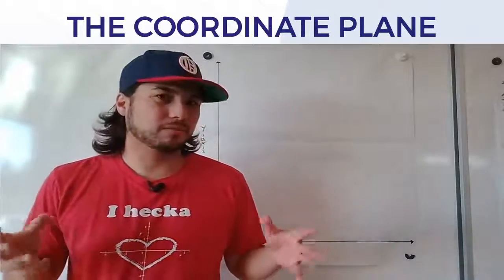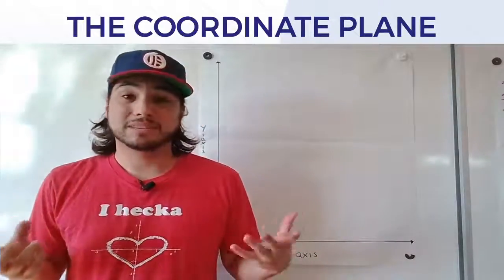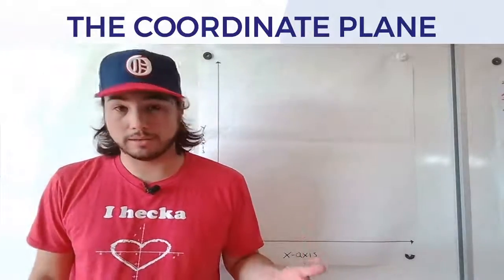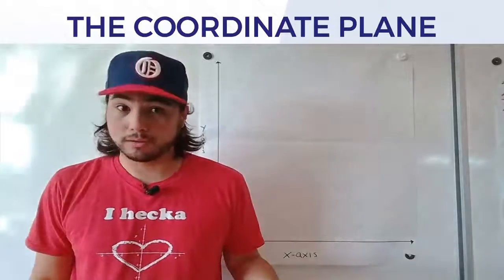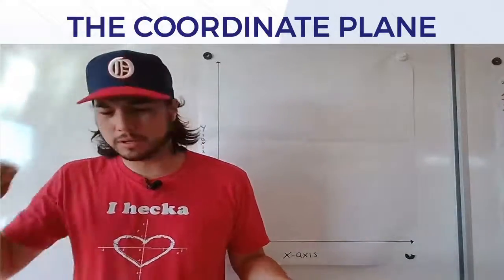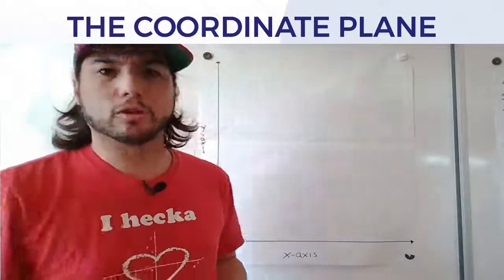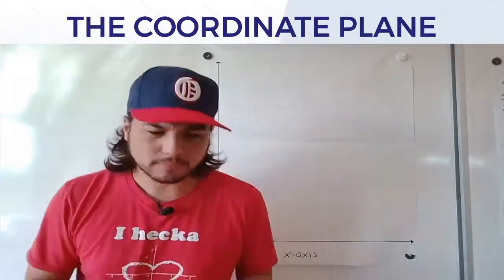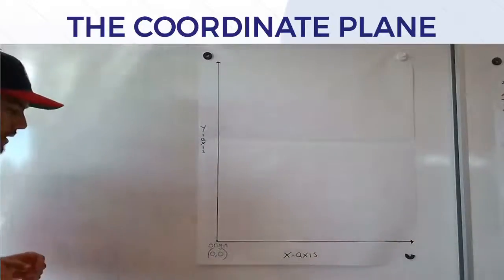We don't see physical maps as much nowadays because of the internet and Google Maps. Google Maps doesn't have a grid, right? Which is unfortunate because we do lose that piece of learning and that real life connection to the coordinate plane. Essentially what it's showing is distance.